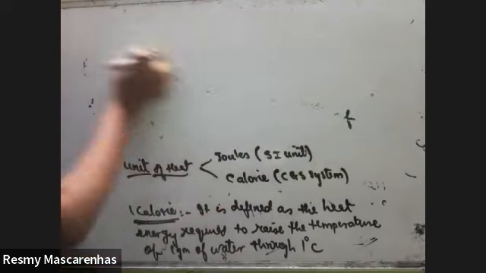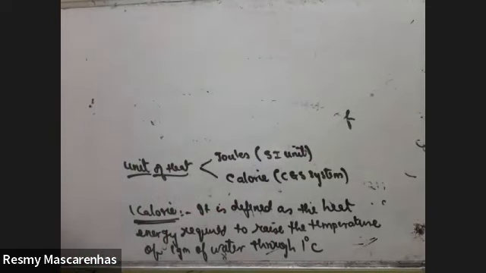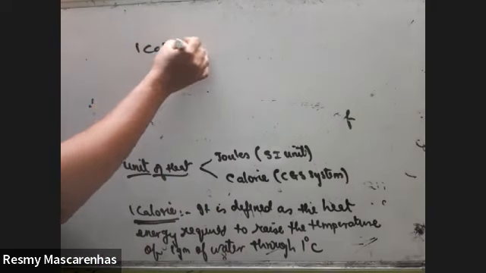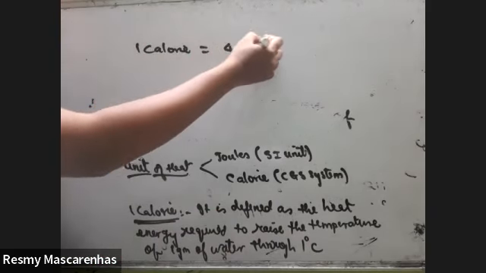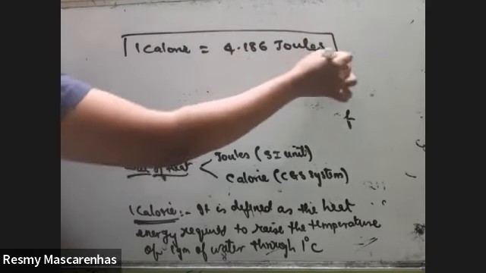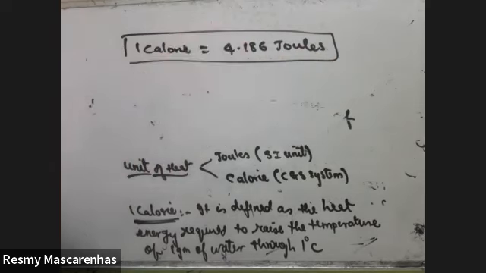Now the relation between joules and calories, by solving in the previous problem also I had given, 1 calorie is actually 4.186 joules. If you want to convert calories into joules, it is 4.186.